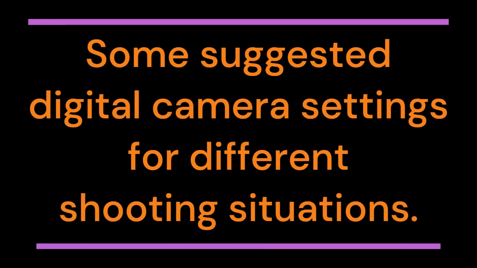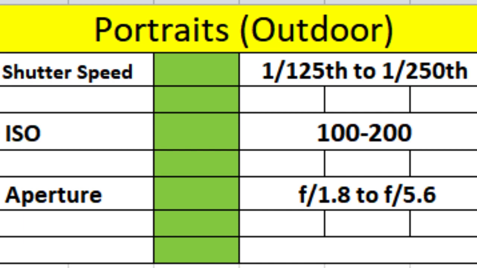Let us look at some suggested digital camera settings for different shooting situations, including recommended shutter speed, ISO, and aperture settings. 1. Portraits, outdoor. Shutter speed: 1/125th to 1/250th of a second to freeze any potential subject movement.